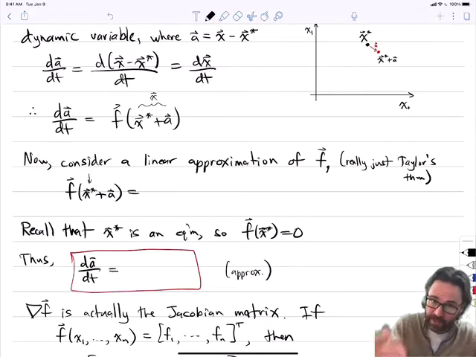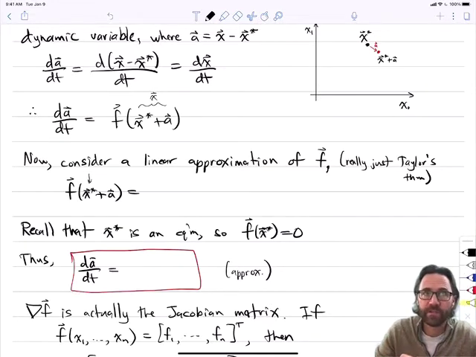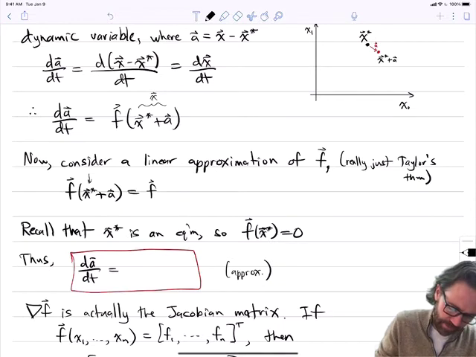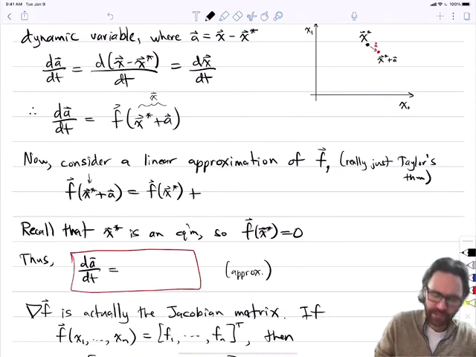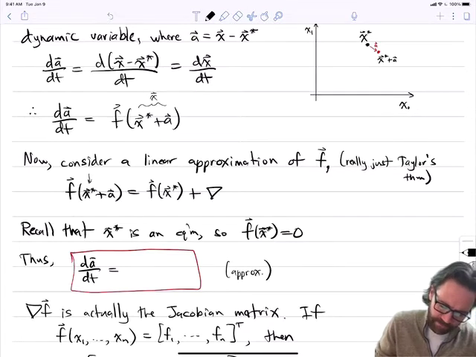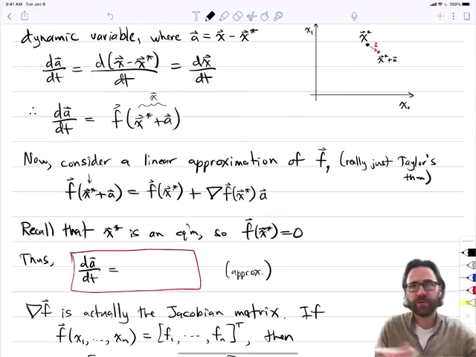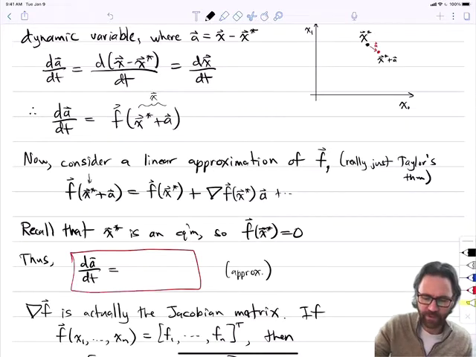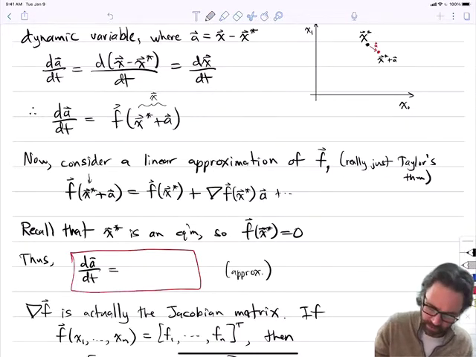So A is going to be our displacement. It's going to be our little delta that we're going to use in Taylor's theorem. So Taylor's approximation centered on the equilibrium is, well, it's just the function itself evaluated at the equilibrium plus the first derivative term evaluated at the equilibrium times our deviation or our perturbation from there, plus dot dot dot, but we're going to just remove and ignore higher order terms.